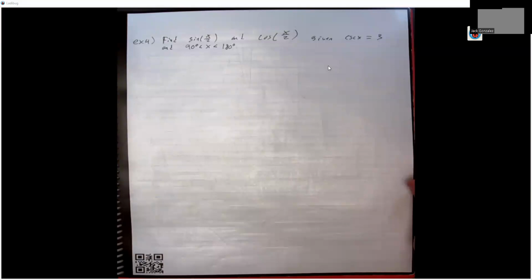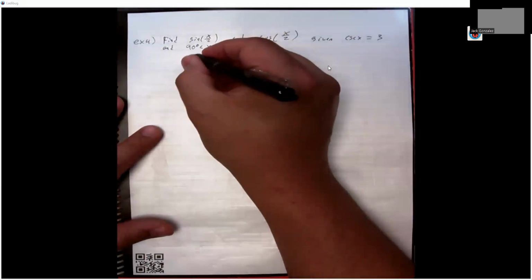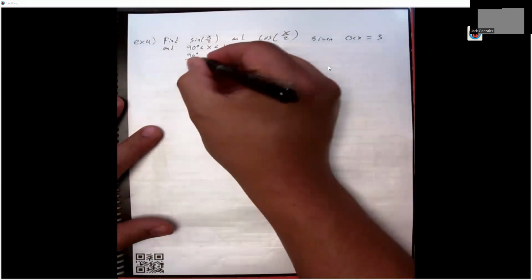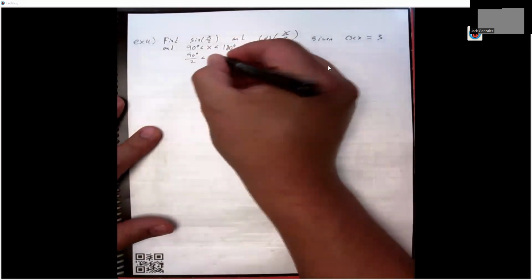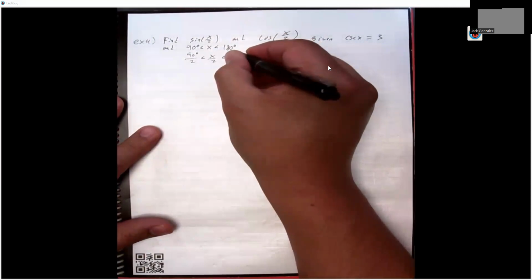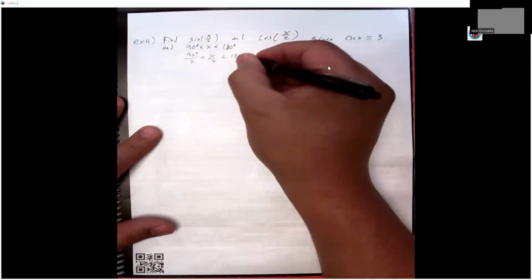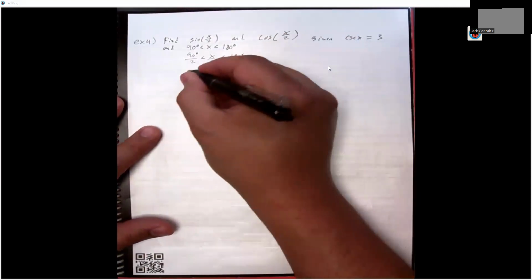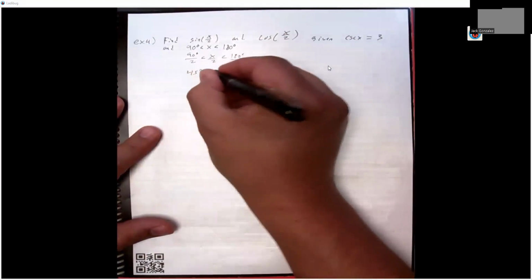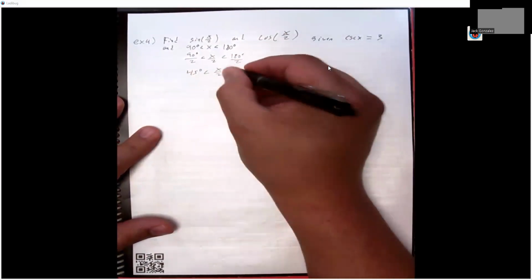Yes, quadrant 2, right? Now, they're talking about x over 2 over here. So if I divide everything by 2, we can figure out where the half angle's at, right? Now where's x over 2?